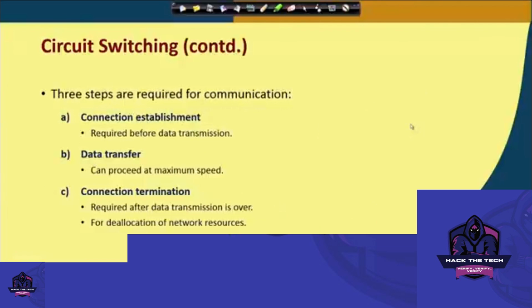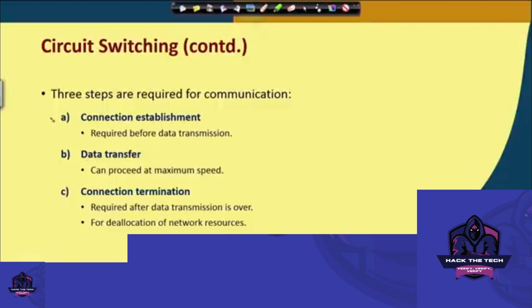So, in circuit switching, because we have a path to be established between the sender and receiver before you can actually start the communication, there are broadly 3 steps that need to be followed.